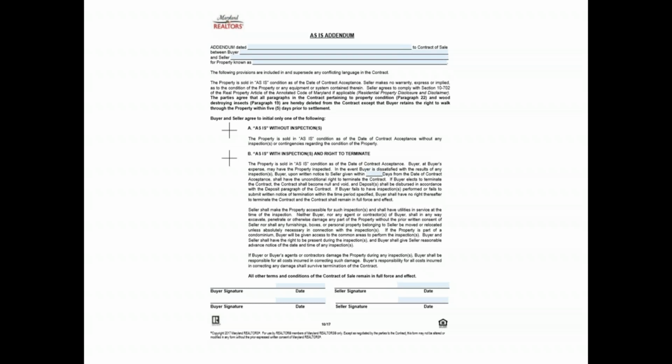It needs to be put back in the condition it was in on the date of contract acceptance. Substantially the same condition. If it is not, then that's an issue that the buyer can pursue. But again, I think it goes back to substantially the same condition as existed on the date of contract acceptance. Okay, I agree. So I think that's all the questions that are coming in.